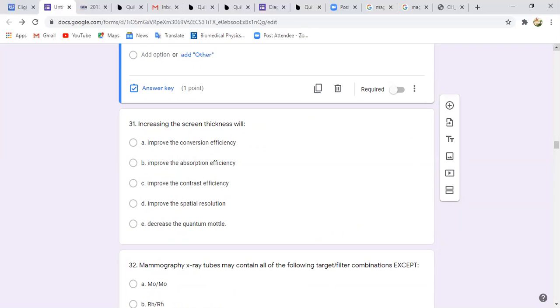The conversion efficiency, the absorption efficiency, spatial resolution.